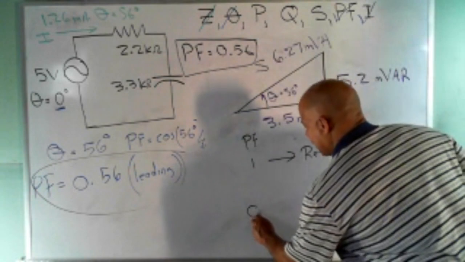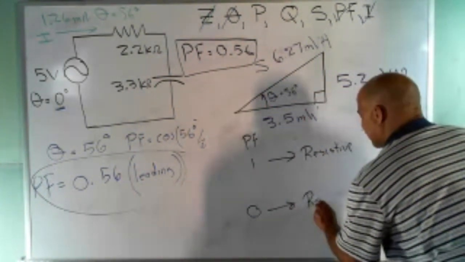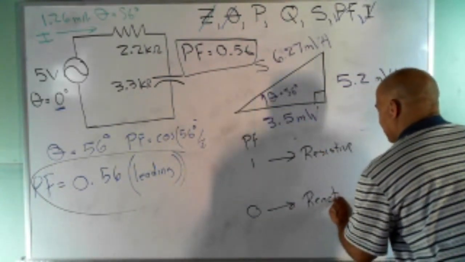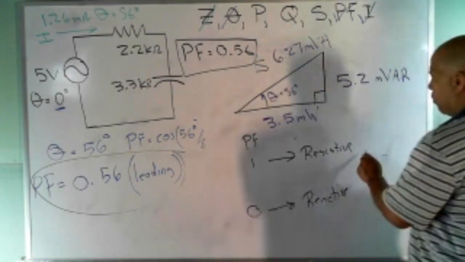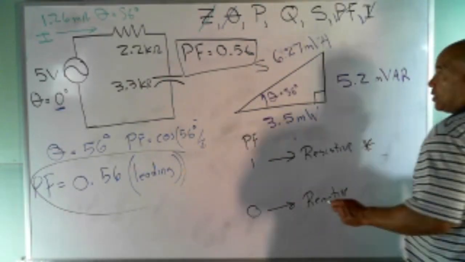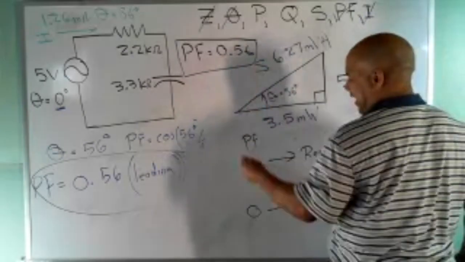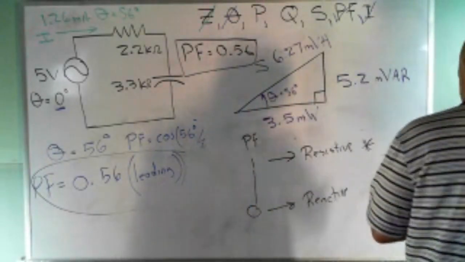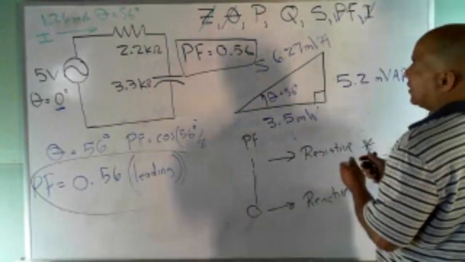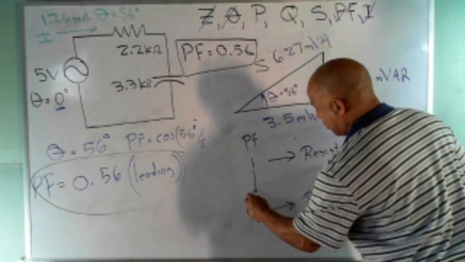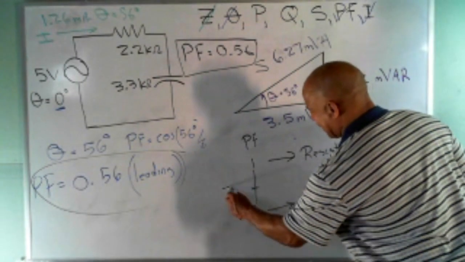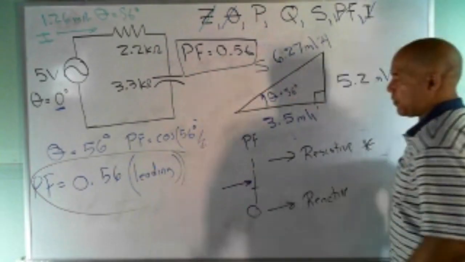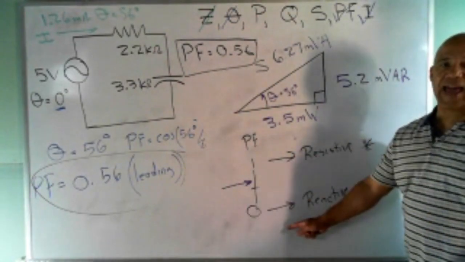If it's 0, it's 100% reactive. What we usually want is this. So that's about 0.6. So on the scale, I'm not quite halfway. I guess I'm a little more than halfway. So power factor is about right there. So it's closer to resistive than reactive.